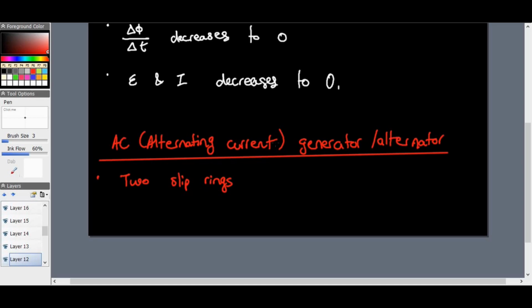And how we would draw the graph of alternating current: the best way to teach electrodynamics is just to have a look at the question. You'll have a graph with time on the x-axis, and current I or induced EMF on the y-axis.